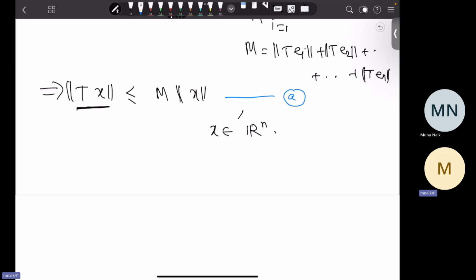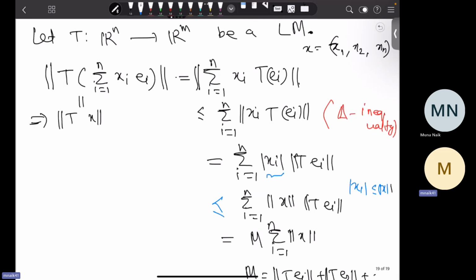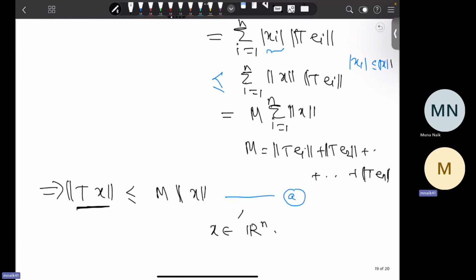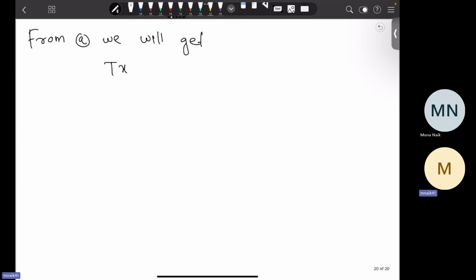So from this A we will get this thing. In place of x, if I put x minus y, what do I get? The norm of T of x minus y is less than or equal to m times the norm of x minus y.